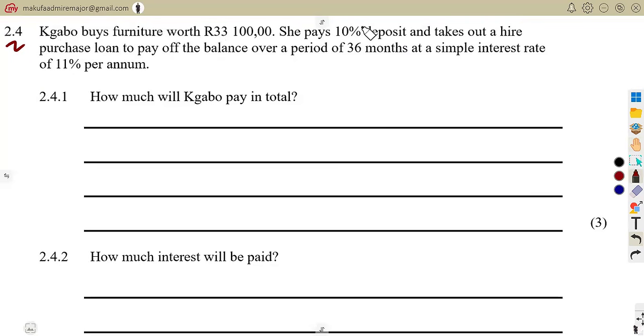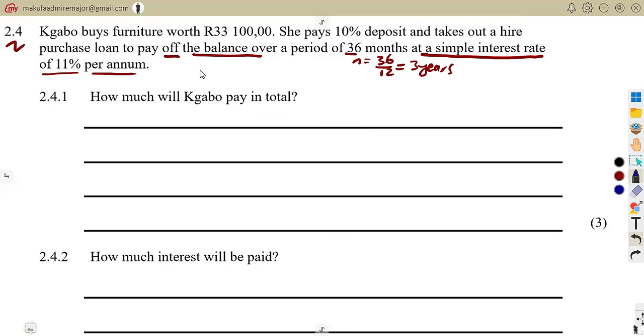She pays a 10% deposit and takes out a hire purchase loan to pay off the balance over a period of 36 months, meaning 36 divided by 12, that is 3 years, at a simple interest rate of 11% per annum. How much will Cow pay in total?